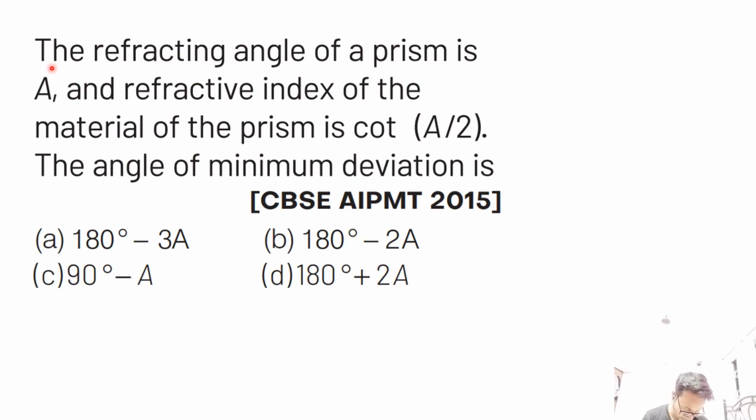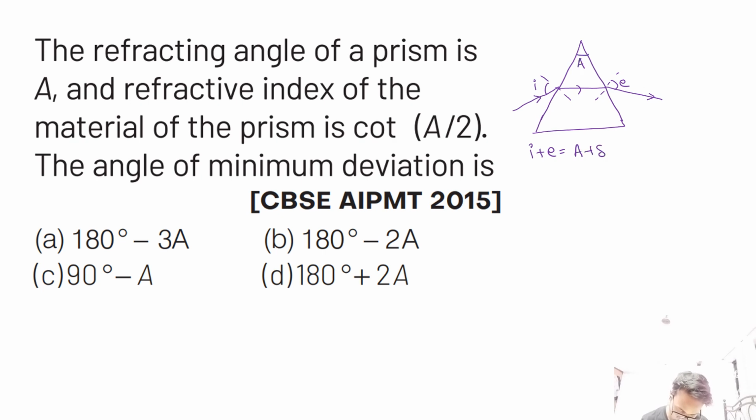Now let's read the question. The refracting angle of a prism is A, and the refractive index of the material of the prism is cot A by 2. The angle of minimum deviation is. Out here, there is a prism. Now for minimum deviation, what is the condition? This ray is parallel to the base, and I is equal to E. So can I say I plus E is equal to A plus D?